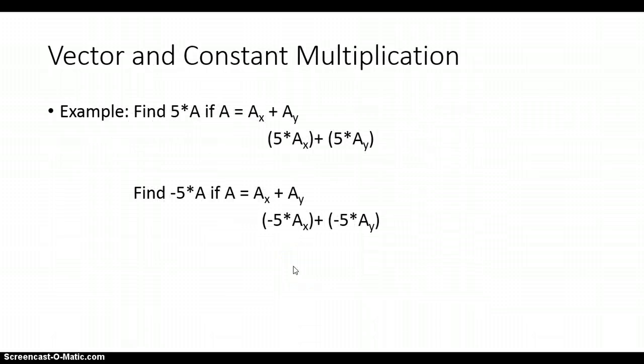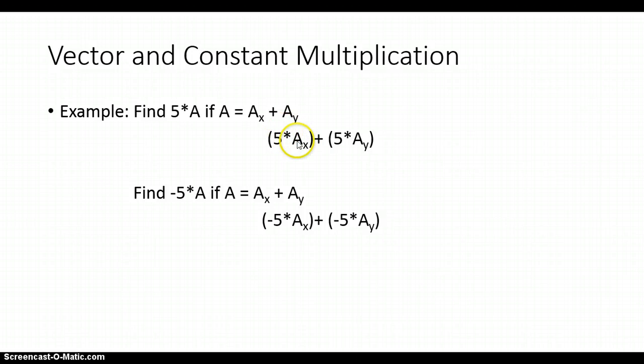Let's say you're given a vector and you want to multiply it by some given constant. An example of that is taking 5 and multiplying it by the vector A. Let's say A is equal to a sub x plus a sub y. You just multiply 5 times each of the projections.